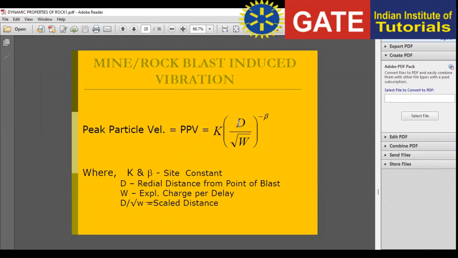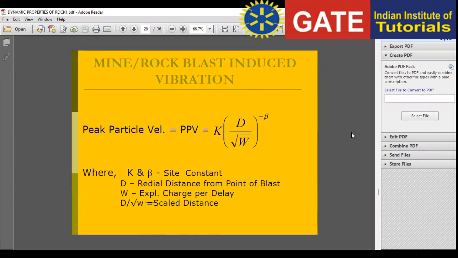This ratio of radial distance from the point of blast or point of impact to the square root of the explosive charge is known as the scaled distance, and this scaled distance is raised to the power minus beta, which is the site constant.